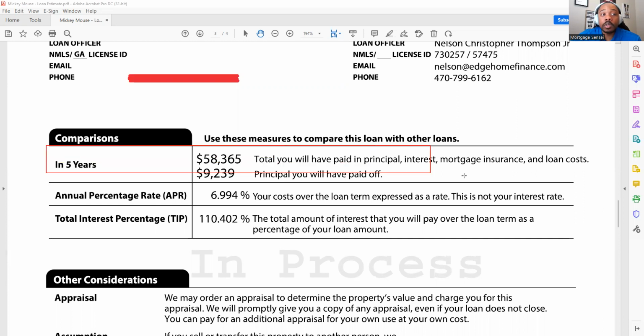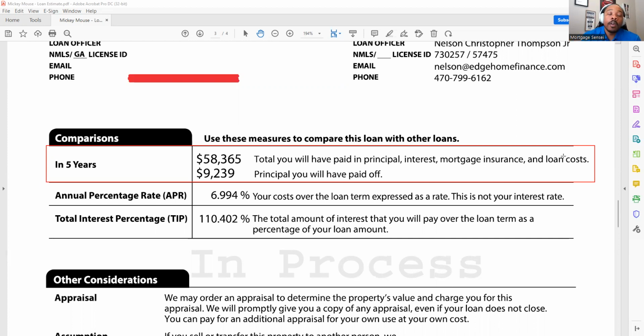Now, when it comes to in 5 years, it says $58,365 total you have paid in principal, interest, mortgage insurance, and other loan costs.